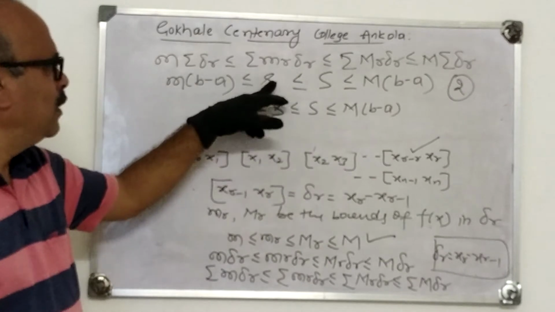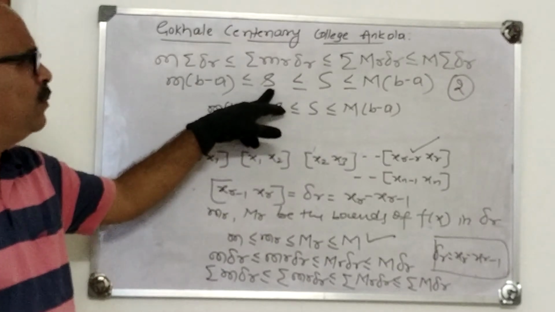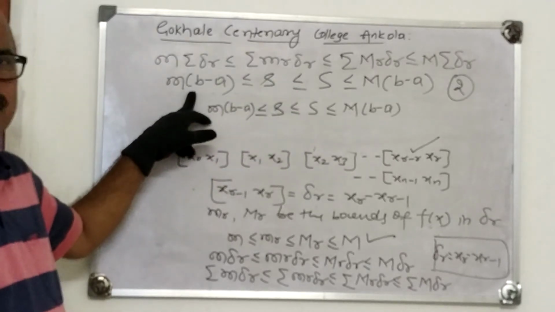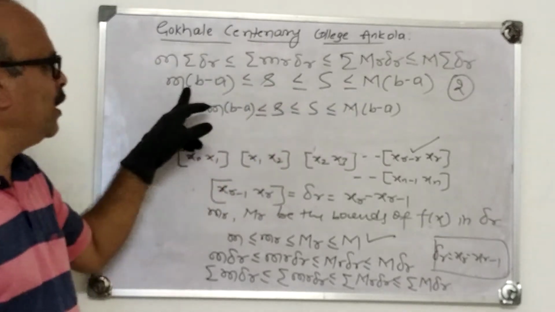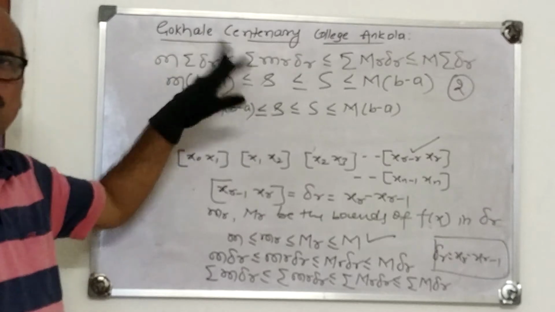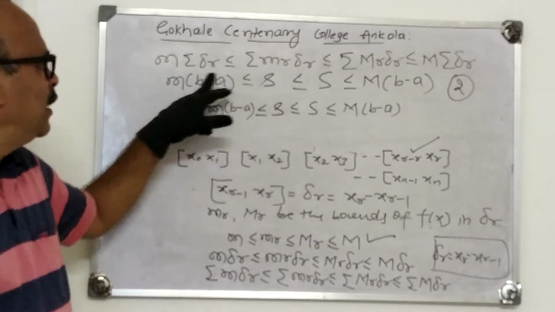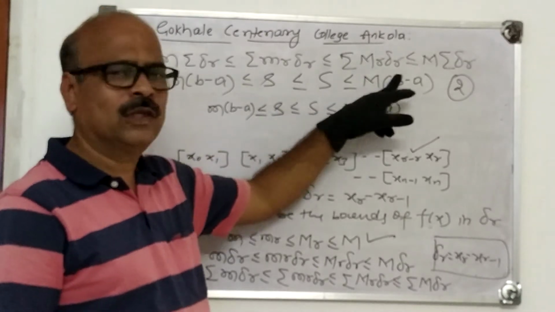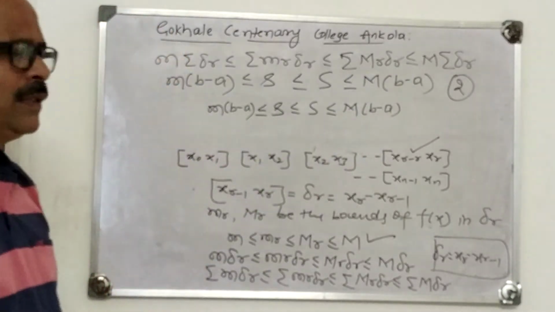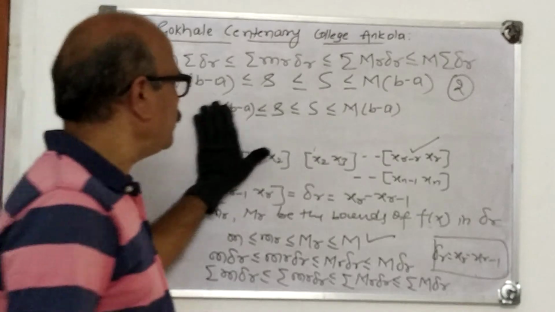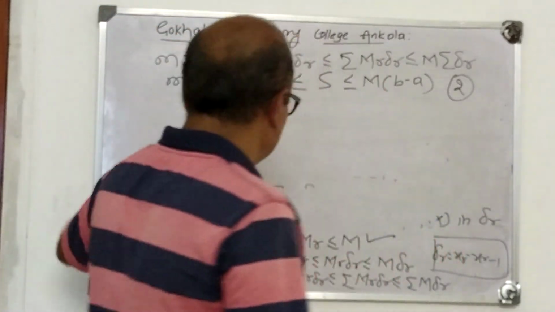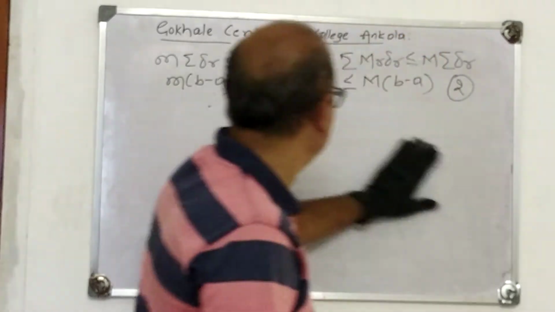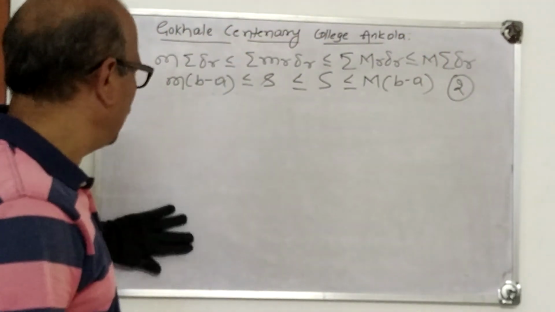Prove that this set of all upper and lower sums are bounded, or directly it will be given like this: if capital M and small m are bounds of f(x) in a closed interval [a,b], prove that m(b minus a) is less than or equal to small s, less than or equal to capital S, less than or equal to capital M into (b minus a). Now, this we have proved, that the set of all upper and lower sums are bounded.